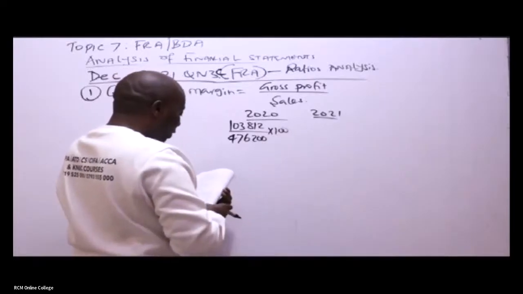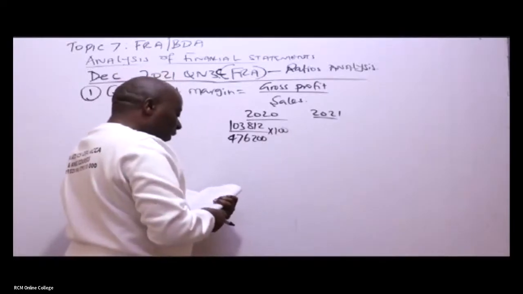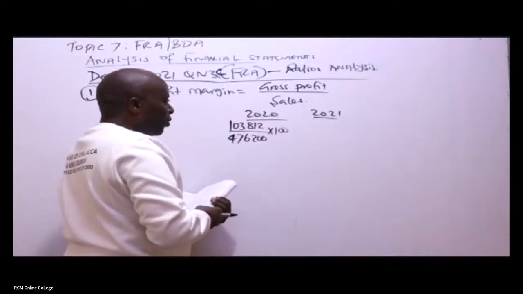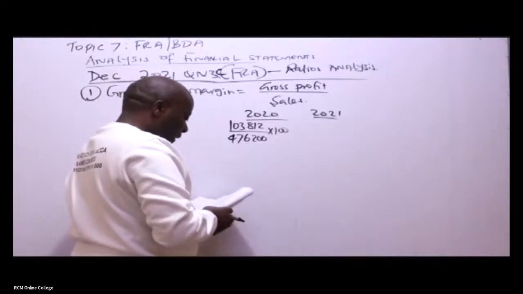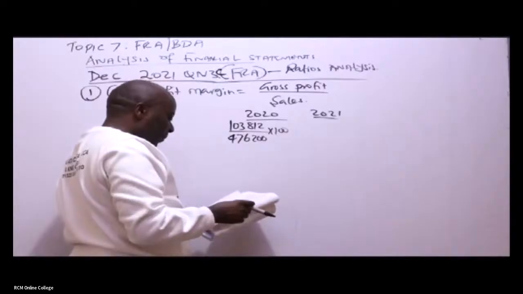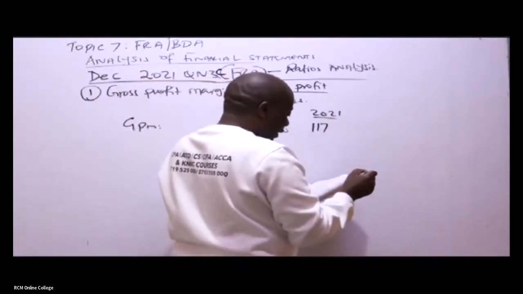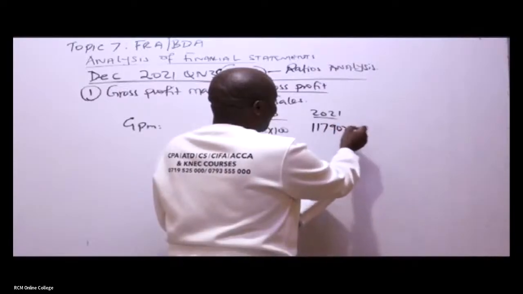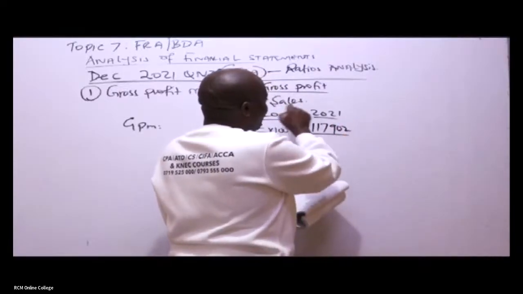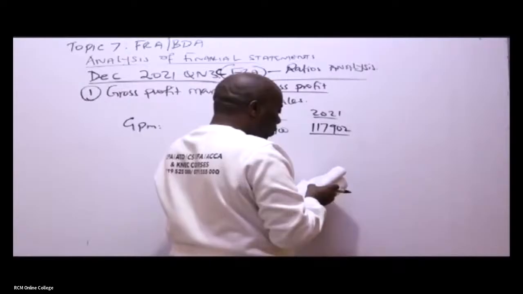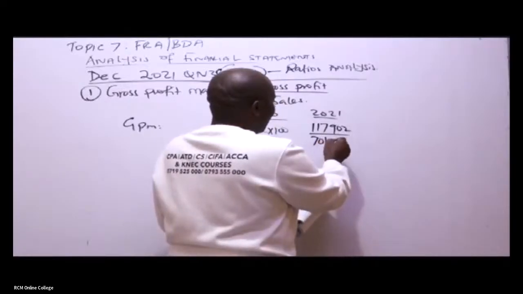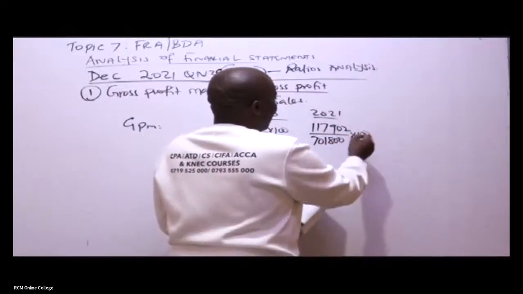For 2021, you do the same. Even the Excel students, I expect you to write these answers down and then do this using Excel later at your own time, in the interest of our time. So we have 117,902. We divide this by the sales revenue for 2021, which is 701,800, times 100.